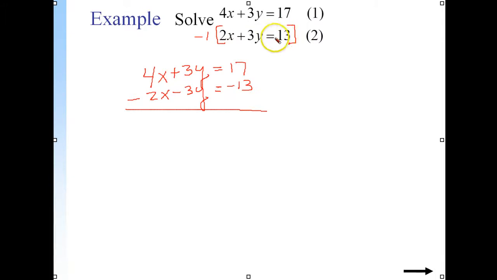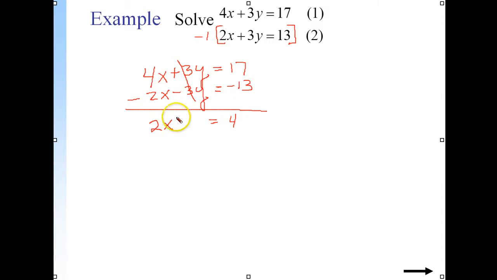It's not the same anymore, but it's equivalent. But my middle term will be a negative 3y now. So this becomes a negative 2x, negative 3y, negative 13. So here, when I add them up, I get a 2x. These are just going to cancel out, equals 4.